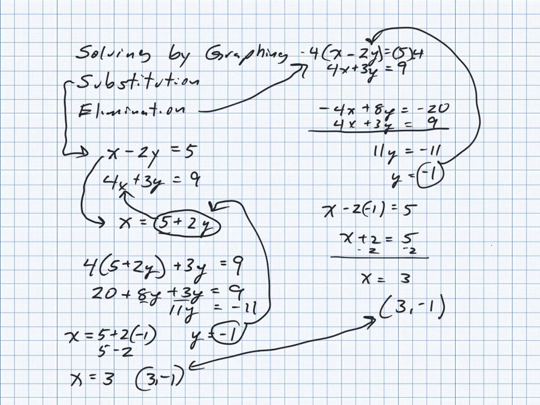To solve by graphing, we take the original two equations, x minus 2y equals 5 and 4x plus 3y equals 9, and put both of these equations in slope-intercept form because that's what most people like here.